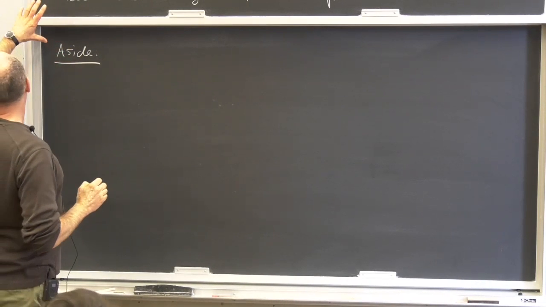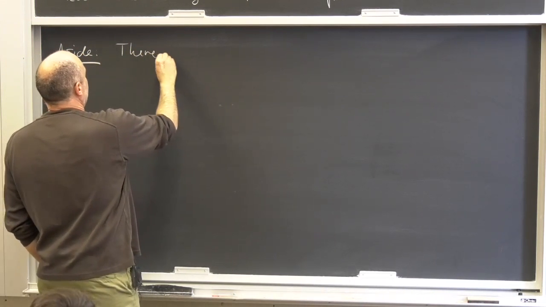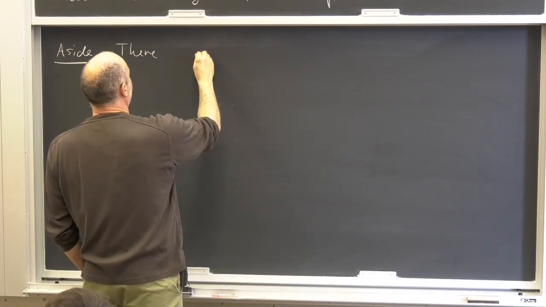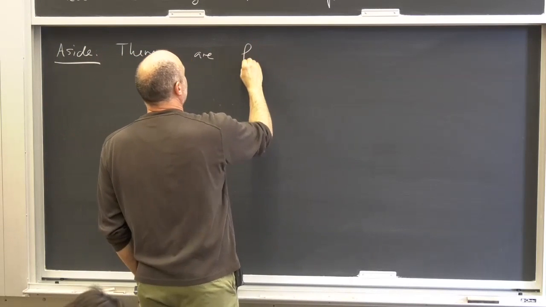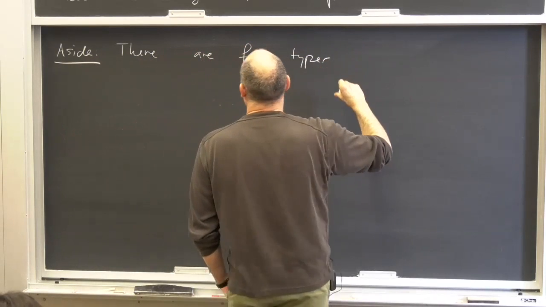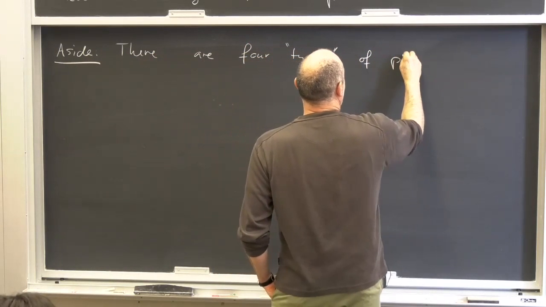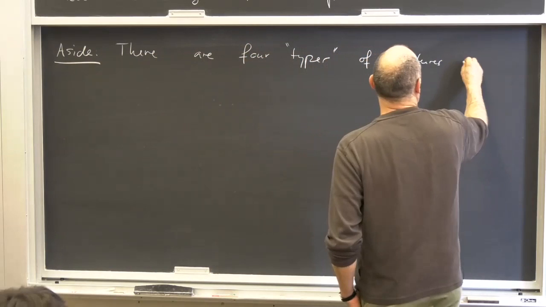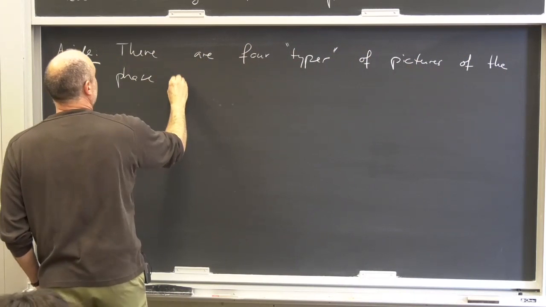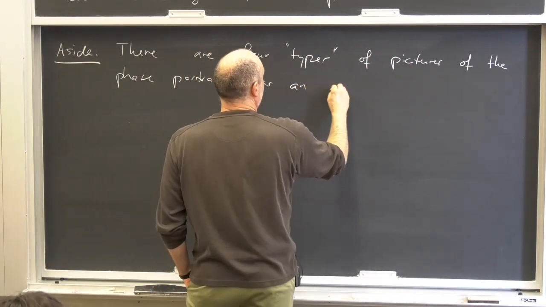So what he does is that he starts from a fairly well established classification. There are 4 types, actually there are 6, but 4 pictures, right? There are 4 types of pictures of the phase portrait of such vector fields near an elementary singularity.